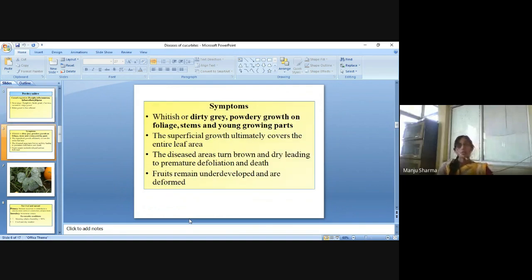The symptoms are whitish or dirty gray powdery growth on foliage, stems and young growing parts. The superficial growth ultimately covers the entire leaf area.